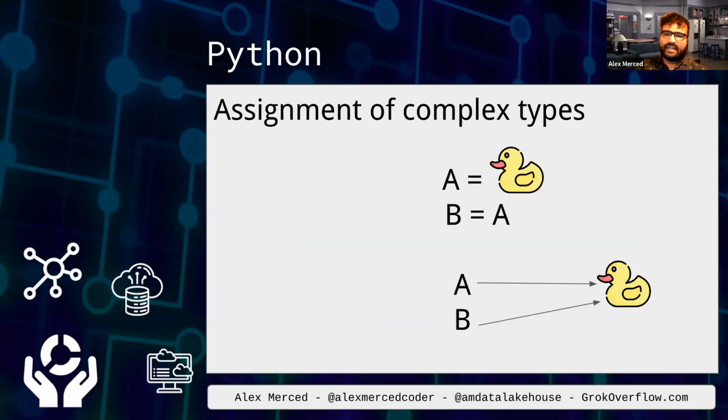Okay, but just to show you an example in Python, because Python works a little bit differently, and generally all the higher level languages work in this way. In this case, if I say A equals a new duck object, and then I say B equals A, well, basically what you're really copying over is a pointer under the hood. So now I have two variables referring to the same object in memory.